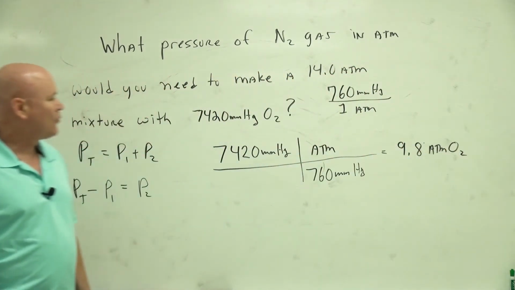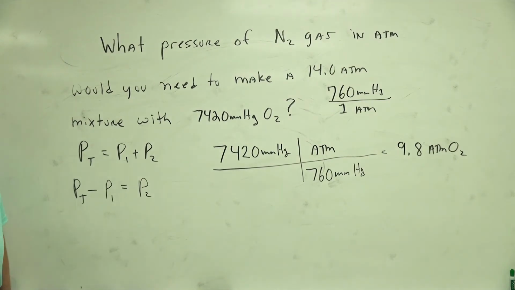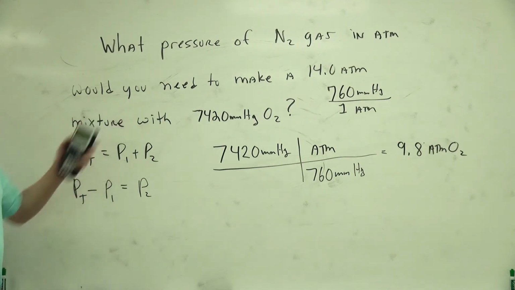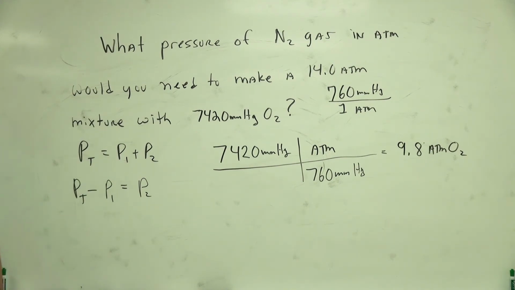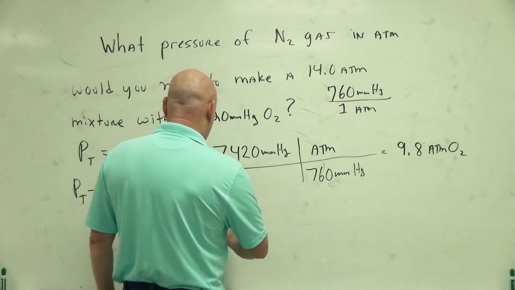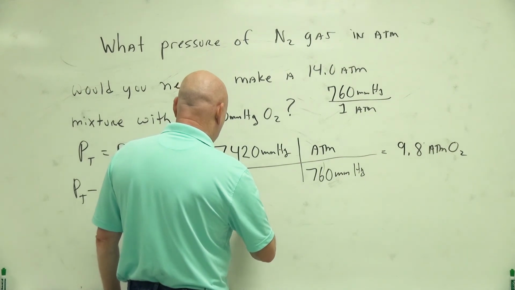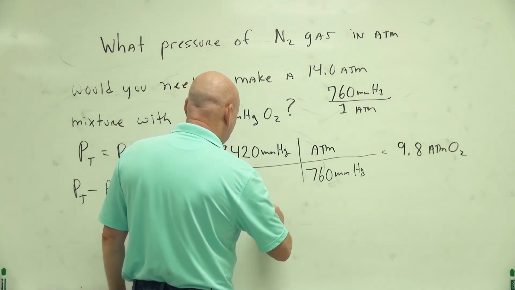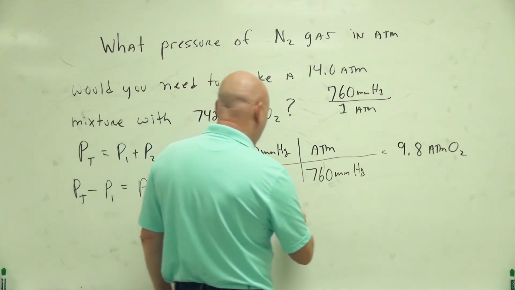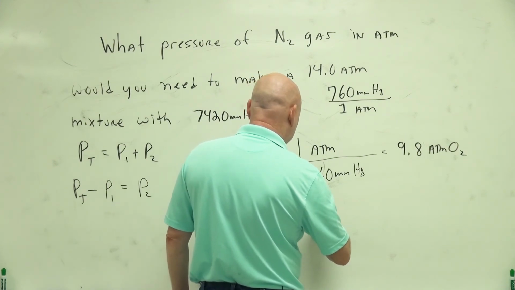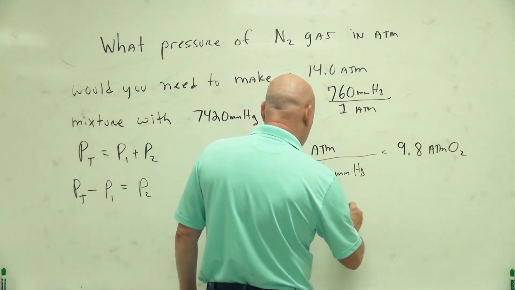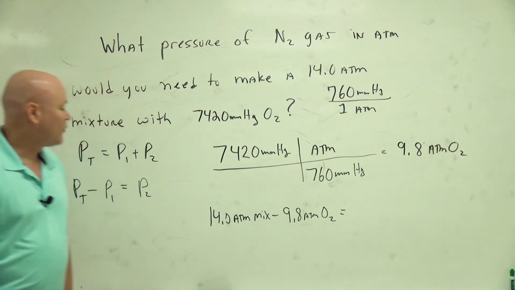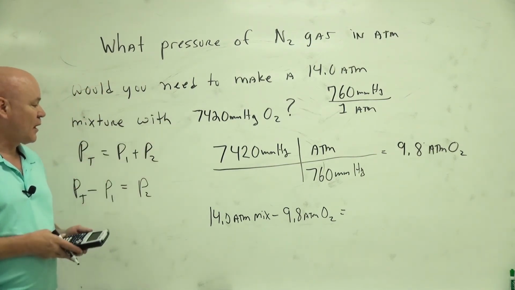So I found the atmospheres of the O2, and if I want to know how many atmospheres of nitrogen I need to make up 14.0 atmospheres, it would be 14.0 atmospheres of the mix minus the 9.8 atmospheres of the oxygen, and that'll give us however much of the nitrogen gas we need to put in there.